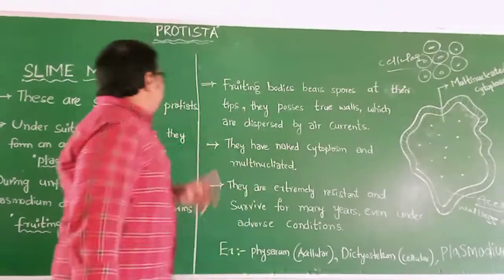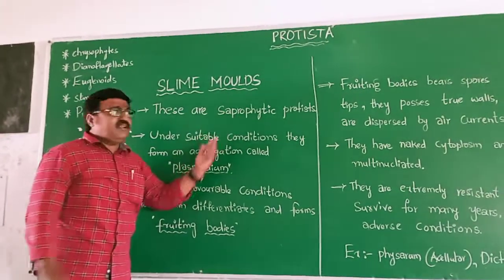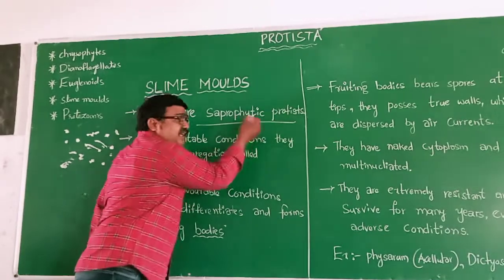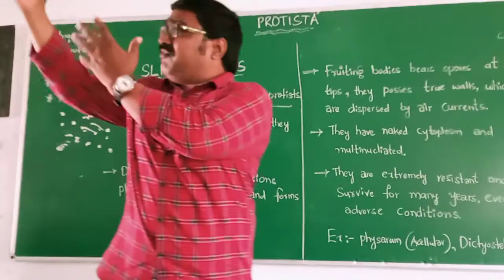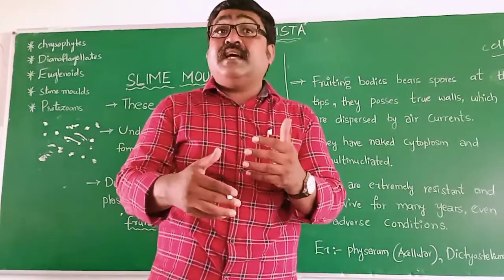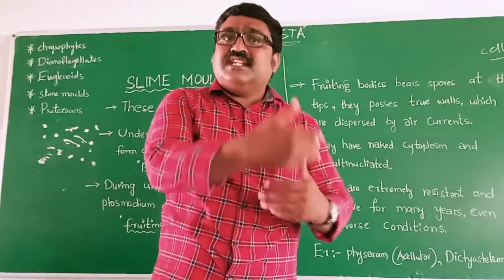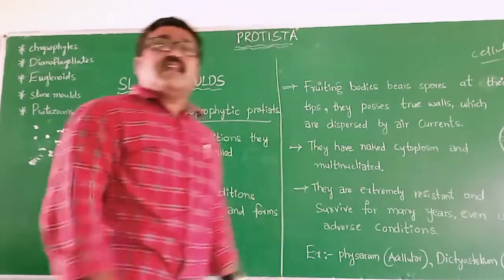Slime molds are saprophytic protists. What does it mean? They feed on decaying twigs and leaves which fell off the trees. Such leaves and twigs decay and turn into organic matter, and that organic matter is engulfed by the slime molds.